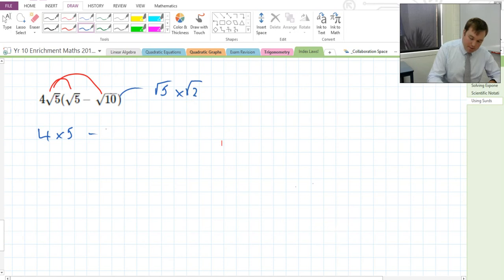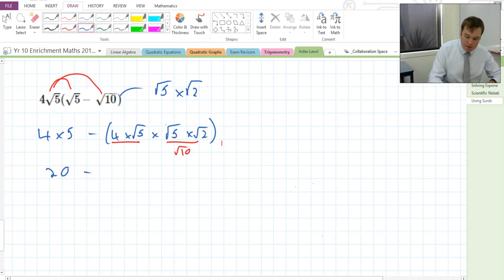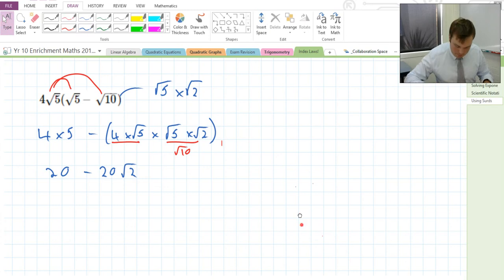Therefore, you'll have it written as 4 times root 5, that's coming in from the outside, multiplied by root 5 times root 2, from the outside, from the root 10. So, 4 times 5 is 20, minus 4 times root 5 times root 5. Well, root 5 times root 5 is 5. 4 times 5 is 20 root 2. Simple as we can go.